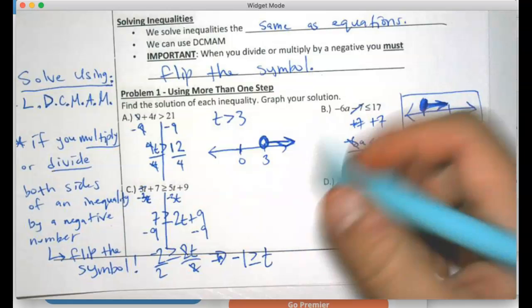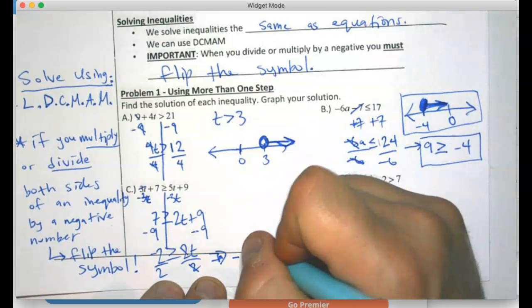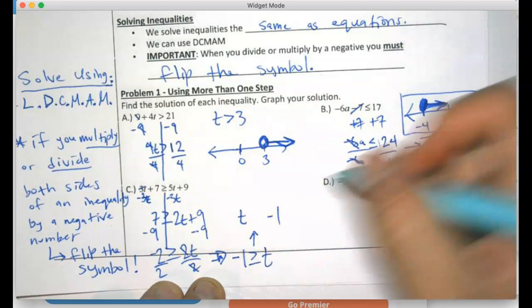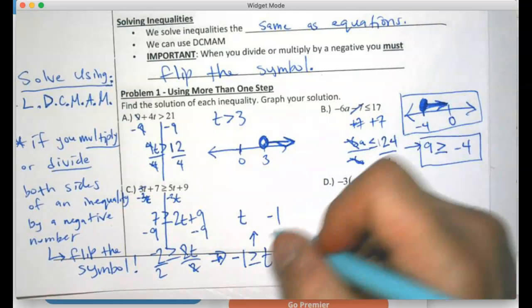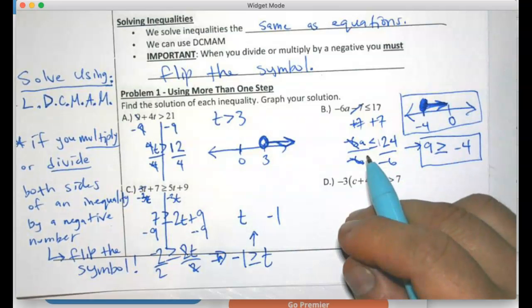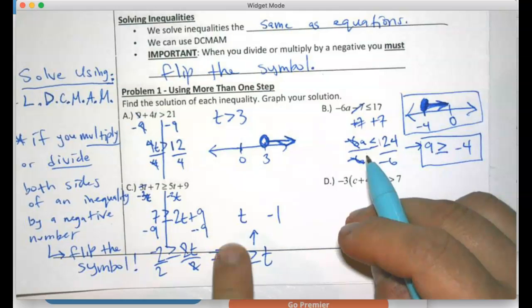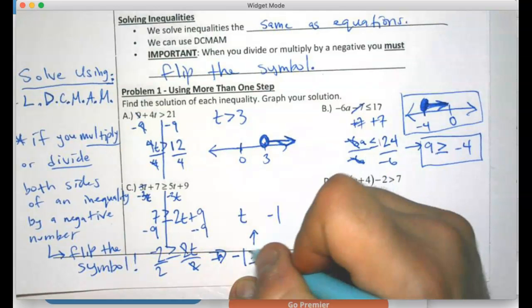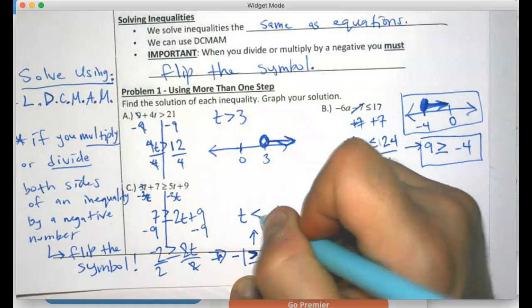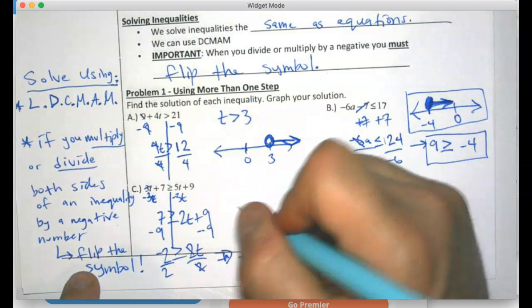I really do like having my variable on the left, so I'm going to move my variable to the left and my constant to the right. If I flip the whole inequality, I have to flip the symbol too so it stays pointing at t. So t is less than or equal to -1.